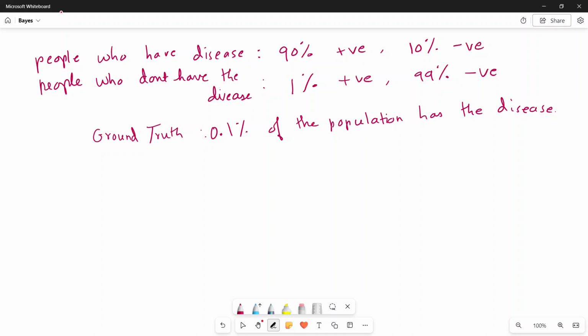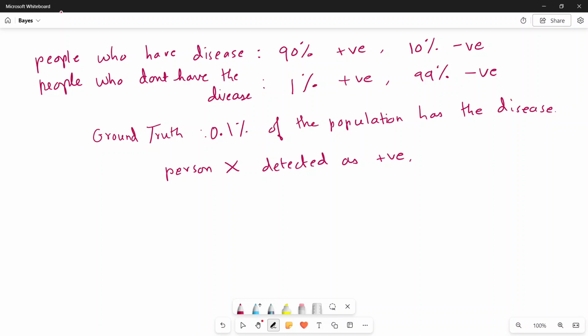Now, one person who actually undergoes the test, let's say person X, is detected as positive after going through this test.